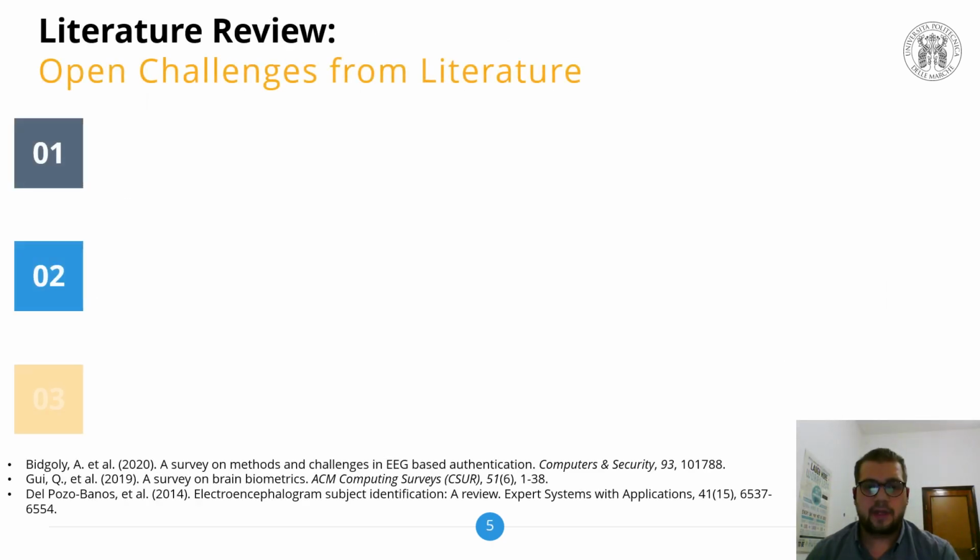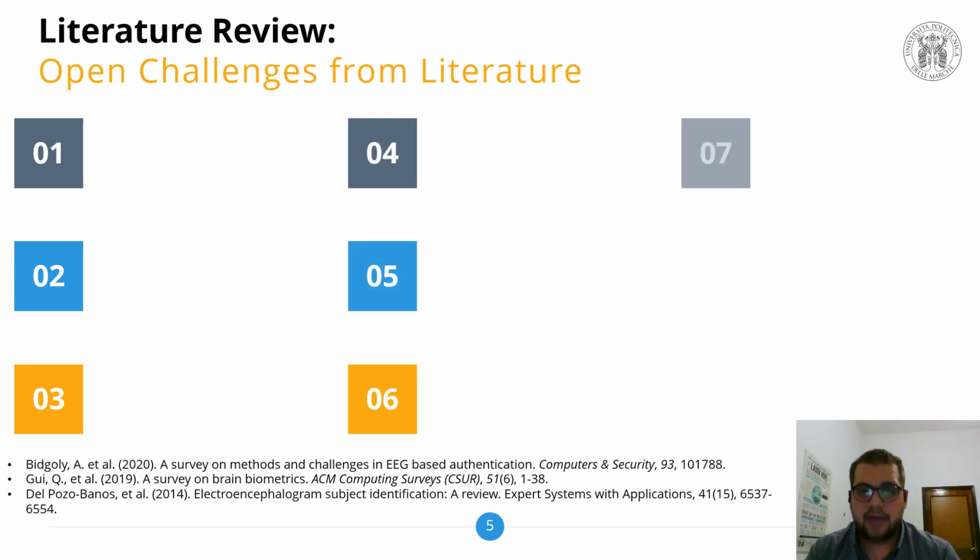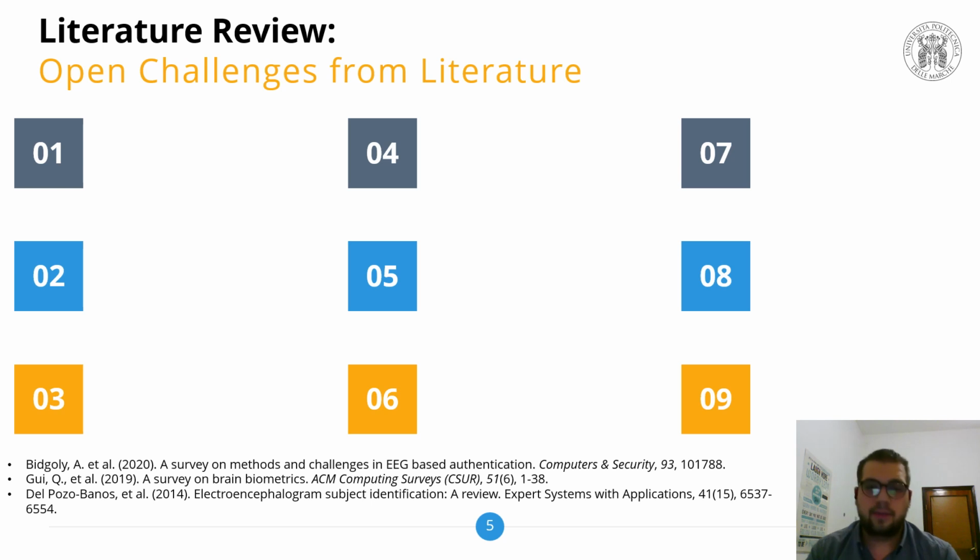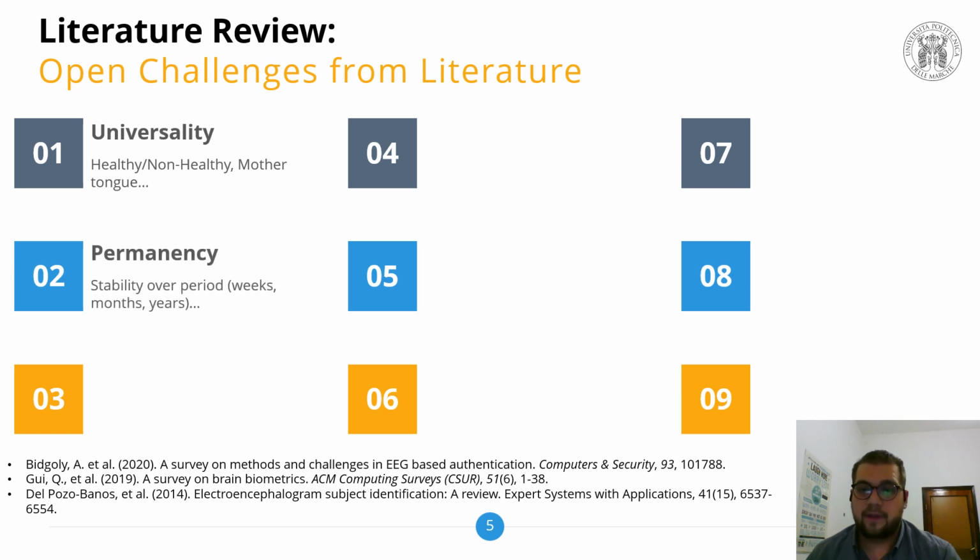We have found that there are a lot of gaps and challenges that need to be addressed in order to have a stable, real-life EEG-based authentication system. Those challenges include the universality of the biometric, the permanence, and the uniqueness.